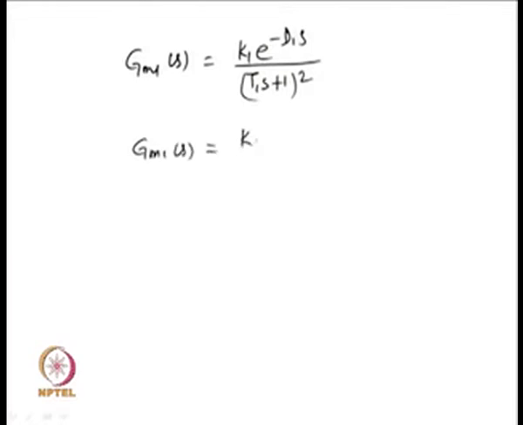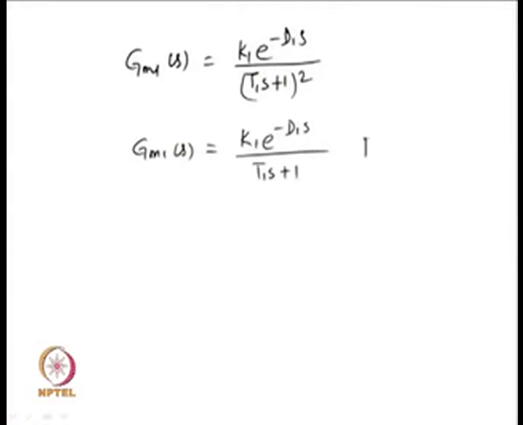I mean to say G_M1, as I have written, is K1 e^(-D1 s) / (T1 s + 1)^2. Often one can use any sort of transfer function model here. So, G1(s) can be of the form K1 e^(-D1 s) divided by T1 s + 1 also.